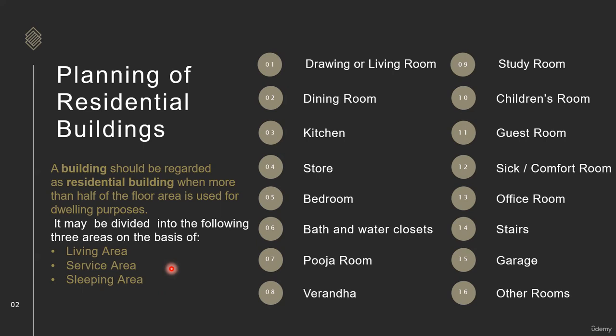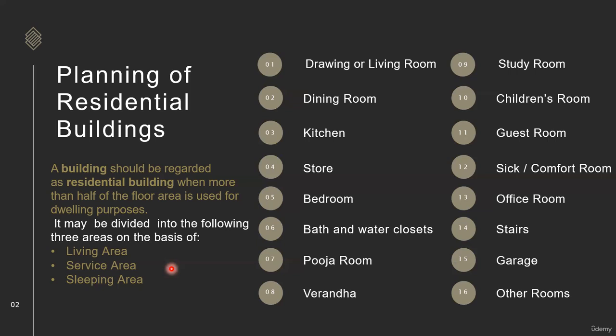Once we consider the size of the area, we can't just go with a large number of higher stories. There are also some bylaws. The height of the building is also restricted, just as the width and length of the building are restricted, depending upon the areas. So we need to understand what the bylaws are for that particular area.